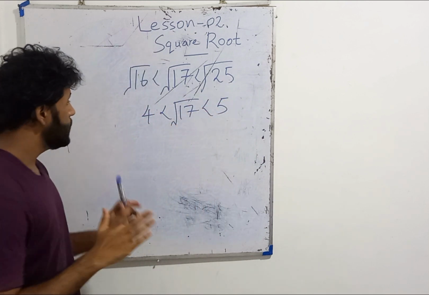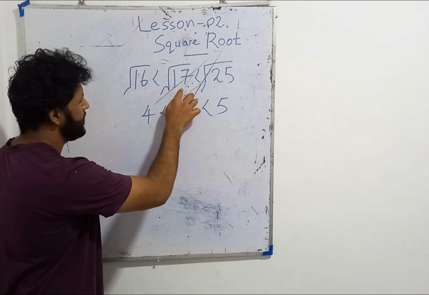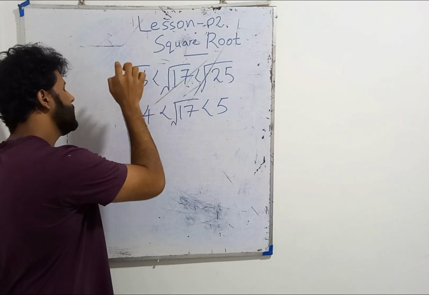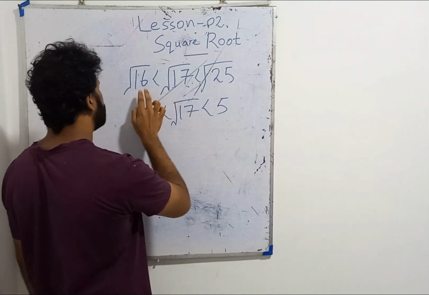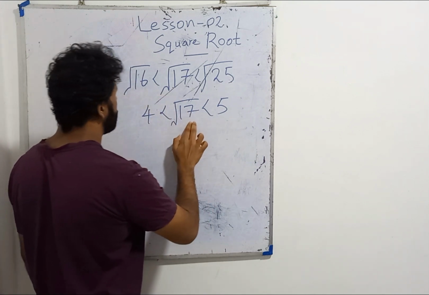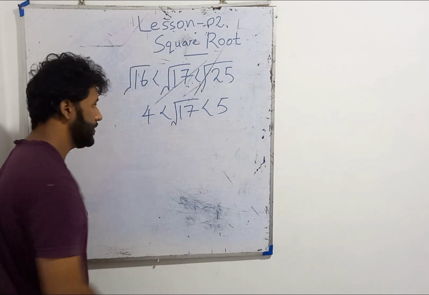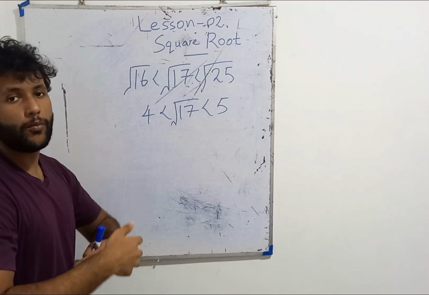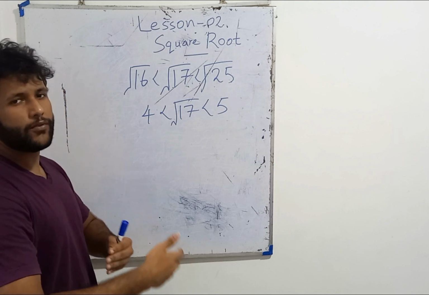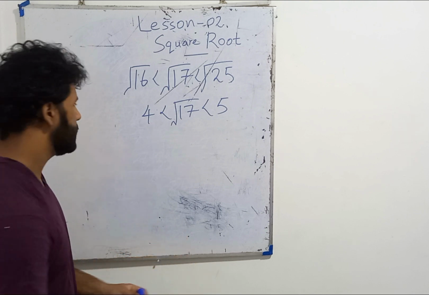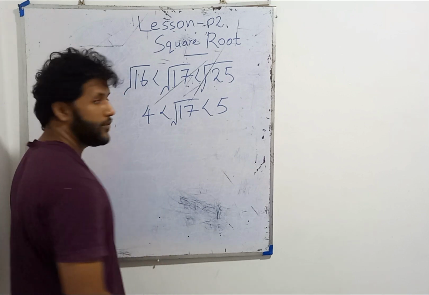Now you have to understand 17 is actually very close to 16. Then the square root of 17 is very close to the square root of 16. That means the square root of 17 is very close to 4. That means you don't have to consider 4.6, 4.7 like that. You just have to consider 4.1, 4.2, 4.3 like that. It's very simple. You have to understand that.